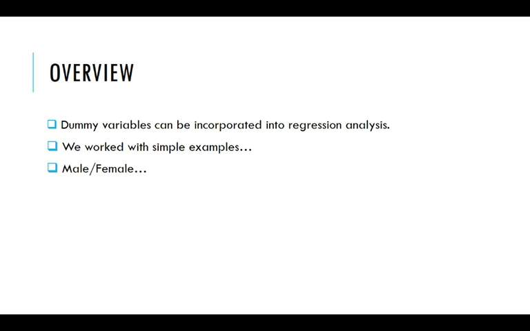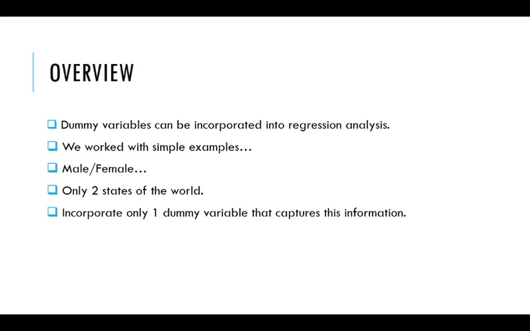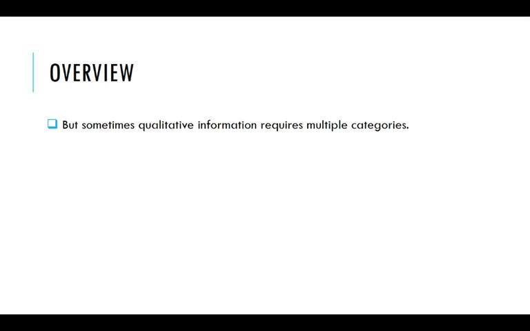And if you have a variable where you're simply asking male or female and no other options, not non-binary, or I would prefer not to say, if there's only two states of the world here, then we know we incorporate only one dummy variable that captures this information. So if all I have is two states of the world, it only takes one variable. Remember, one less than the number of categories.